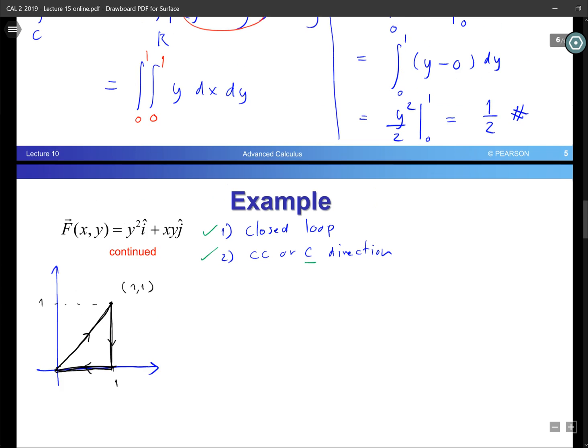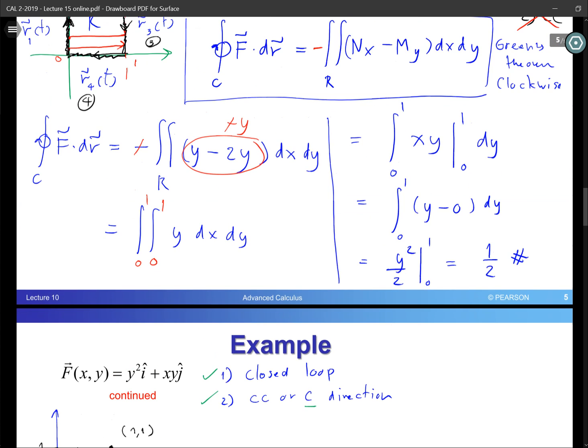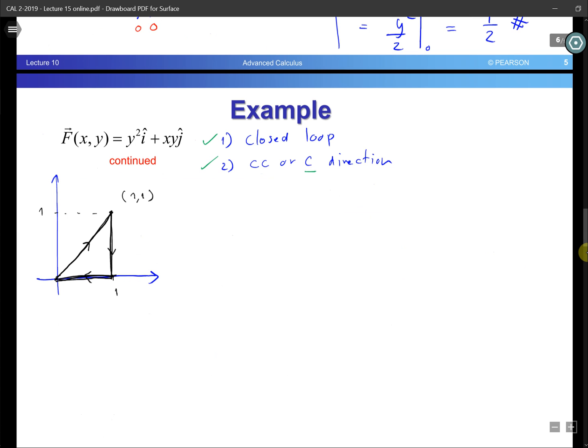So we are going to use this formula. Let's bring it here. Perform the line integral of the closed loop in the clockwise direction over the vector field (M, N). It is going to be equal to minus the double integral of the partial derivative of N with respect to x minus the partial derivative of M with respect to y, performing the double integration with respect to x and then with respect to y over this region.